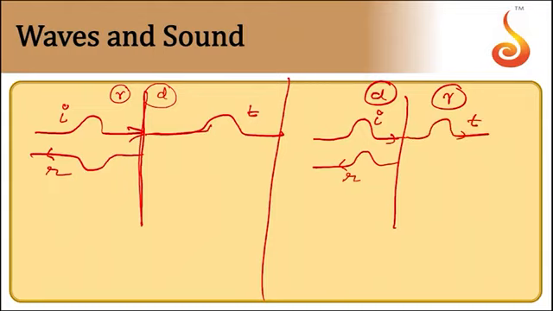So understand this simple construction. If the wave is traveling from a rarer medium to a denser medium, the reflected wave gets inverted. If it is traveling from a denser to a rarer medium, it does not get inverted, right? And accordingly, you can write the similar equations as well. The equations for these waves can be written accordingly.